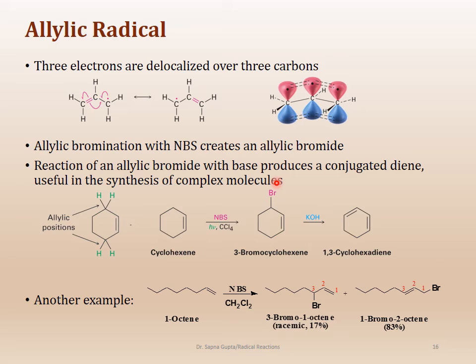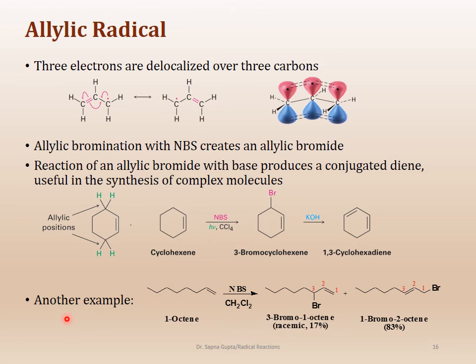So if you don't want an addition reaction with bromine, you want a substitution reaction, then you use NBS, and then of course you use the free radical mechanism, which means that you need to have some sort of energy over here. So if you wanted to make a diene, this is the best way to do it.